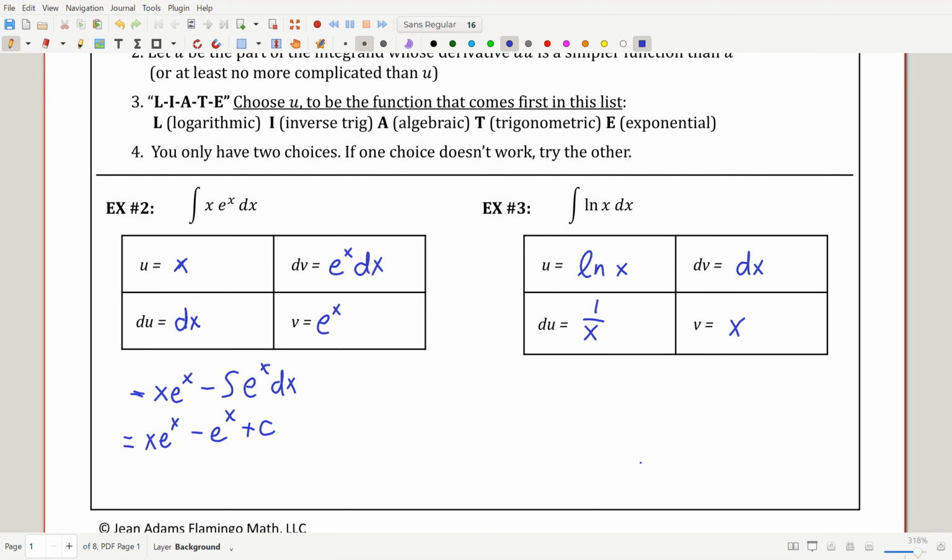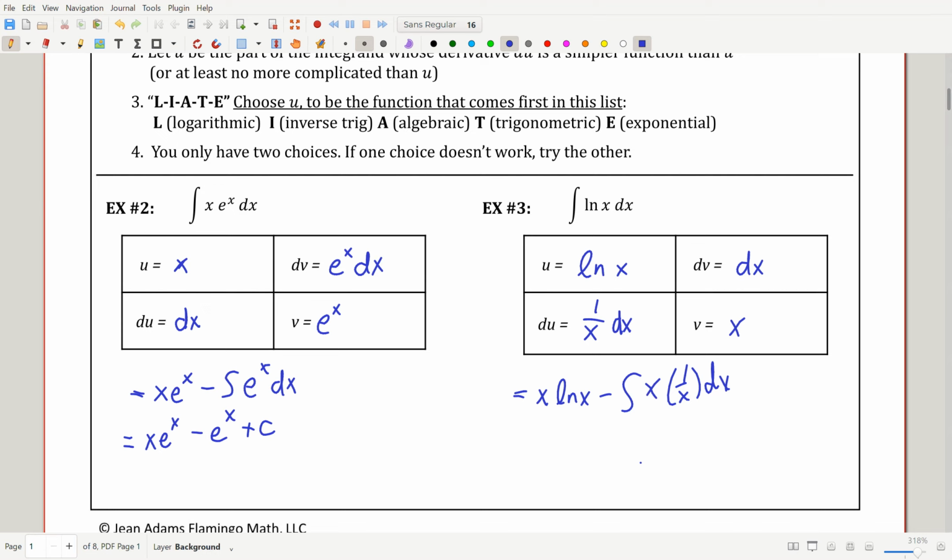So uv, this integral is equal to u times v. So I'm going to write x ln x minus the integral of v du. I should have a dx here. I missed it. That's going to be x times 1 over x dx. But x times 1 over x is just 1.